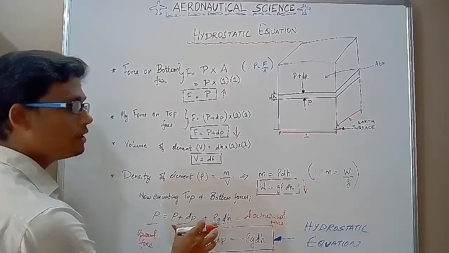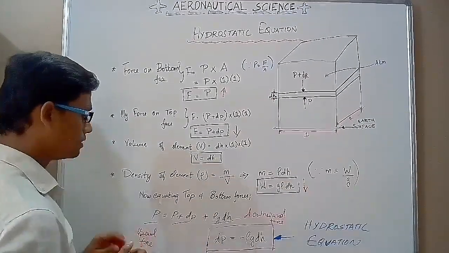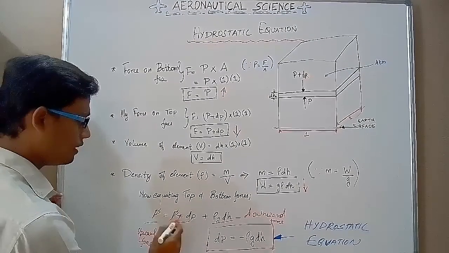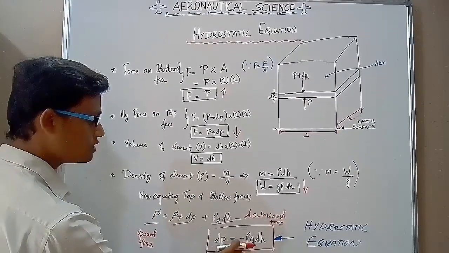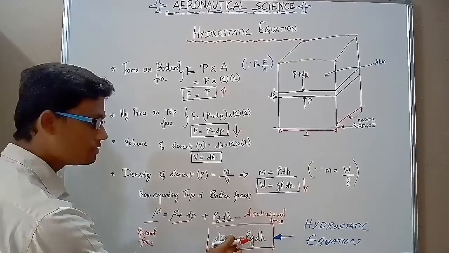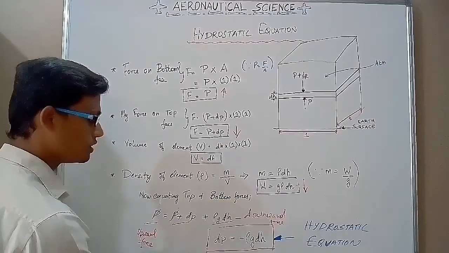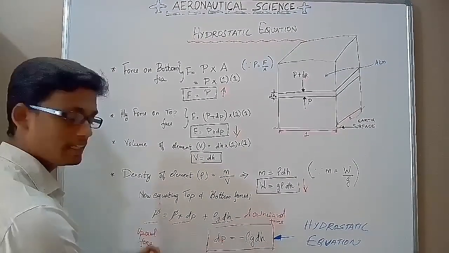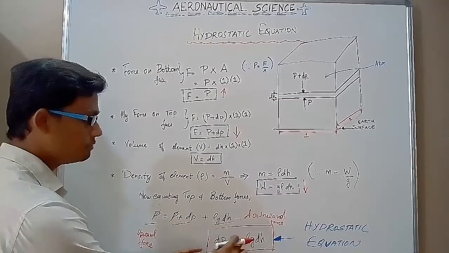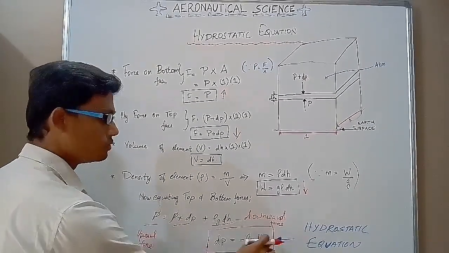By equating these two and cancelling P and P, we get dp equal to minus rho g dh, where the negative sign indicates the downward acting force. This equation clearly says that the pressure varies with the change in altitude. So this is the hydrostatic equation.